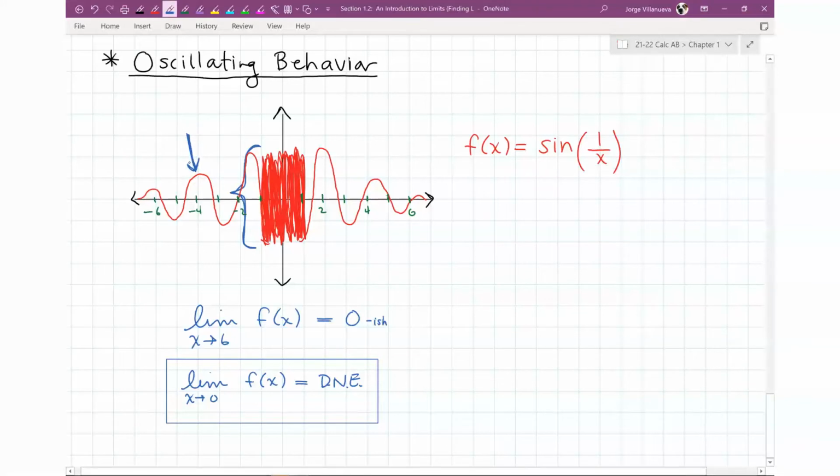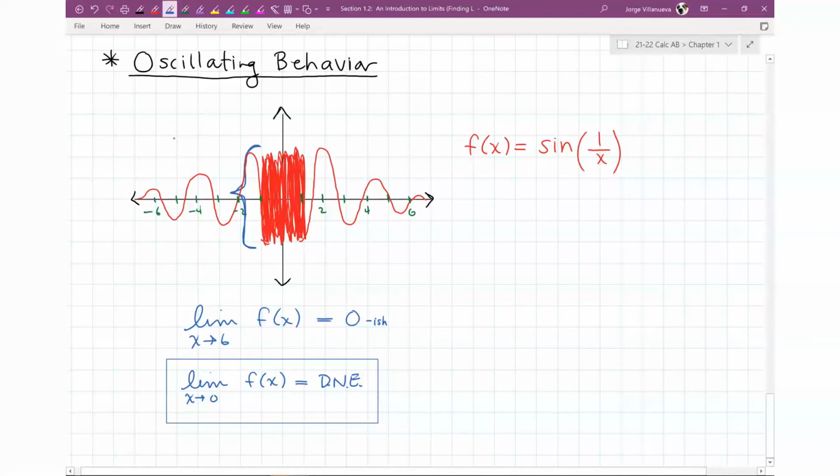You can find limits for different parts of this graph. You just may not be able to find limits for x approaching half, x approaching 0, things like that, because the graph is just wildly uncontrollable in the middle. It's just jumping up and down.